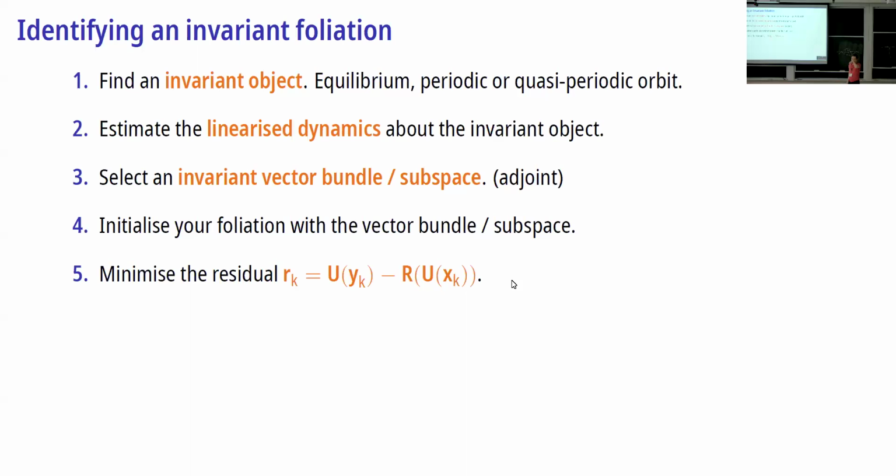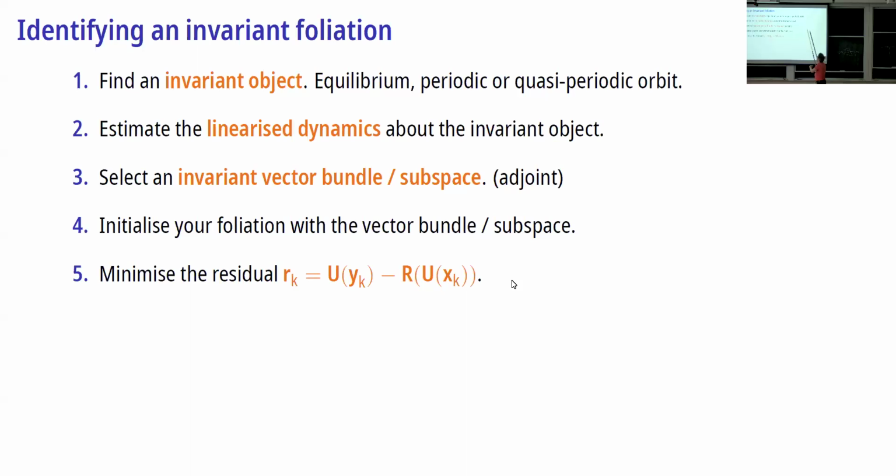All right, so what do we do to identify invariant foliations? First, we need to find an invariant object. That's either an equilibrium, a periodic orbit, or a quasi-periodic orbit. Then we need to estimate the linear dynamics about the invariant object, and then select an invariant vector bundle or subspace. In fact, it has to be an adjoint subspace because it's a foliation.